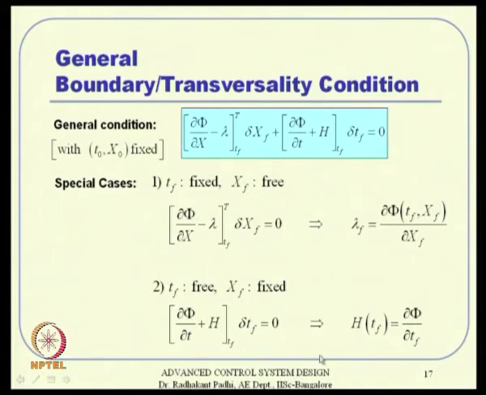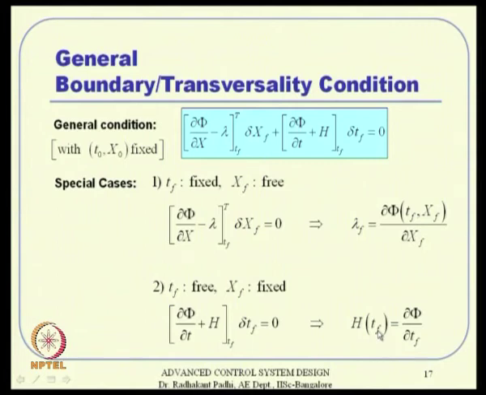So, if Tf is free but Xf is fixed, which is a hard constraint problem, then the Hamiltonian at Tf has to be like this, del phi by del Tf. This is another boundary condition, because we need one more condition to proceed further, since Tf is now a free variable. This gives us that one particular condition which will help us adjust Tf.